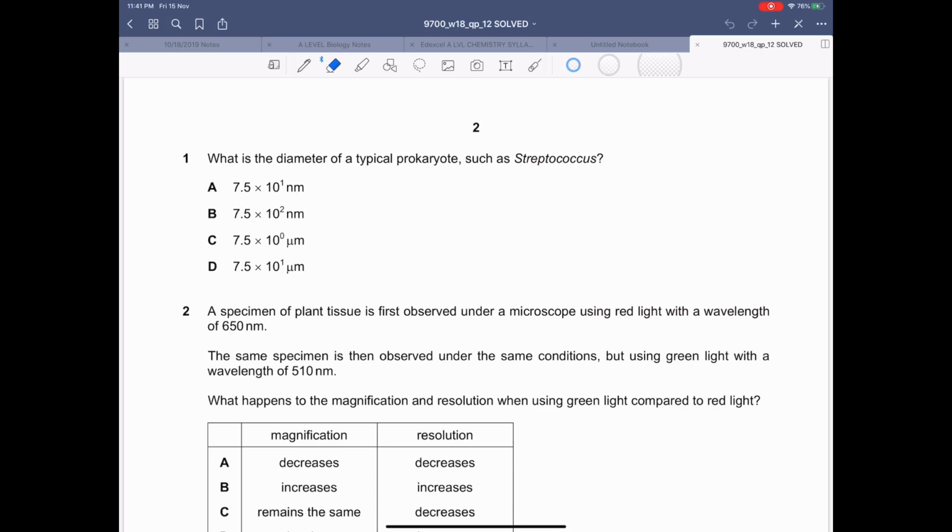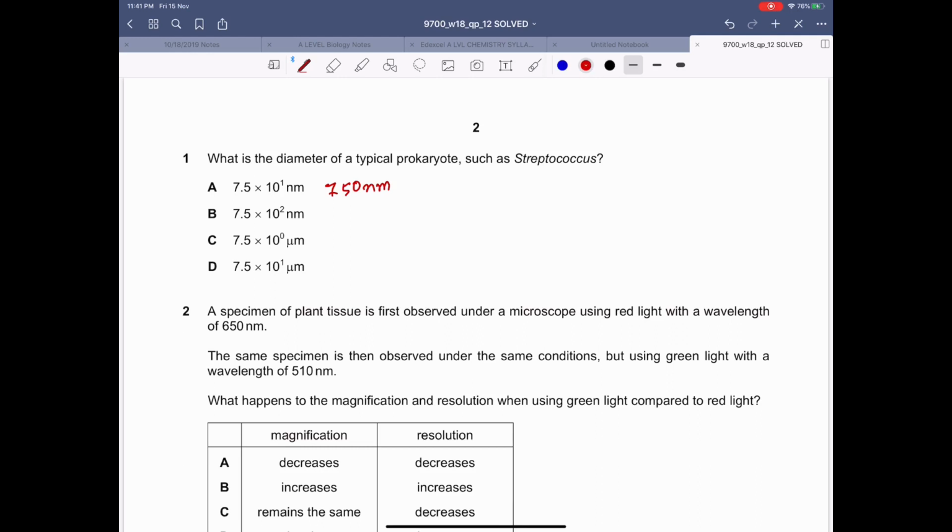What is the diameter of a typical prokaryote such as Streptococcus? Option A, 7.5 into 10 to the power of 1 nanometer, which stands out to be 75 nanometer. Now it is a good idea to write every one of them in the same unit so that when deciding about their length it's easier.